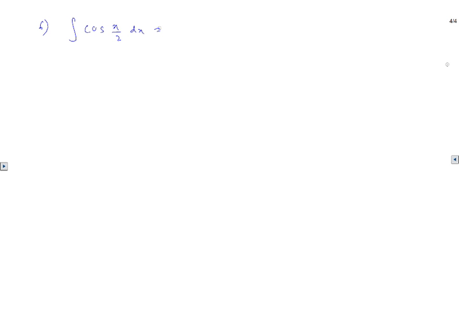So what it says is 1 over k, and cosine means sine kx, so it's sine x over 2 plus c. And dividing by 1/2 means multiplying by 2, so it's 2 sine x over 2 plus c.